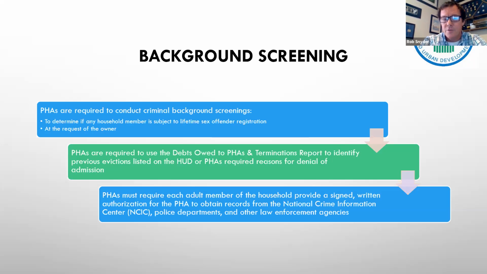Housing authorities need to use the debts owed and termination reports to see if there's any previous evictions or any other reasons for denial of admission for other housing authorities in the past. And then again, require the adult members to sign the authorization so that the housing authority may obtain records from the NCIC database and police departments and law enforcement agencies.